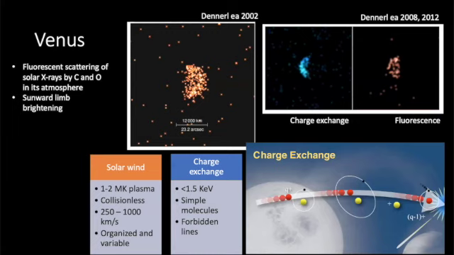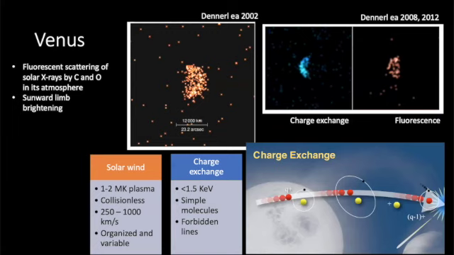When these highly charged ions interact with neutral atoms or molecules, as shown here, they will capture one or more electrons from that neutral particle. This electron can be captured into an excited state in the incoming ion, and when this electron then falls back to the ground state, one or more photons are emitted, typically at soft X-ray wavelengths below about 1.5 kiloelectronvolts.